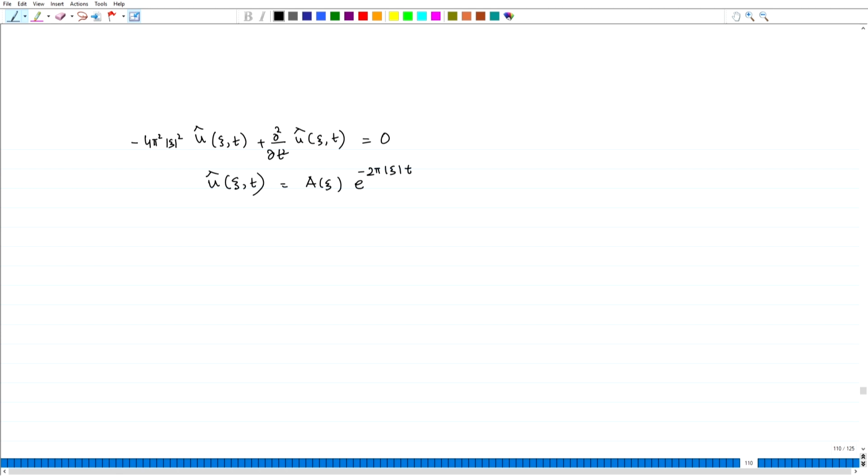So in order to find the value, u hat of xi 0, as before, is f hat of xi.